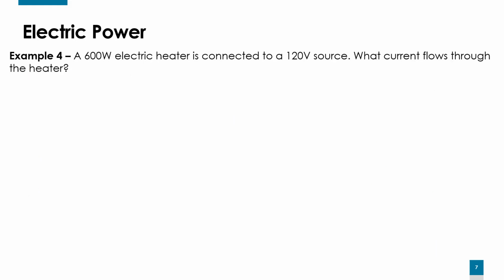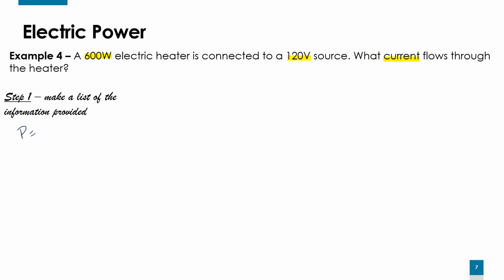Okay, next one. A 600 watt electric heater is connected to a 120 volt source. What current flows through the heater? Let's highlight. So I have 600 watts, 120 volts, and I want to know the current. Let's make our list.